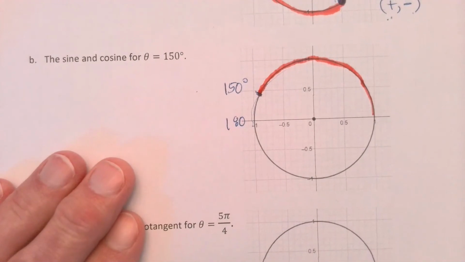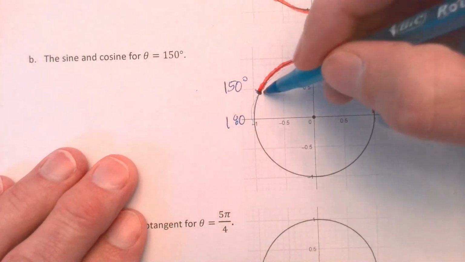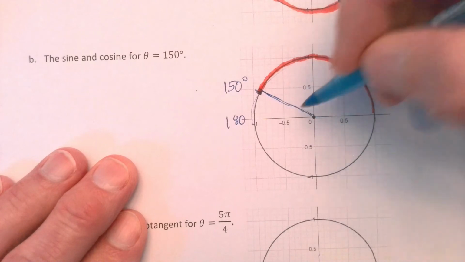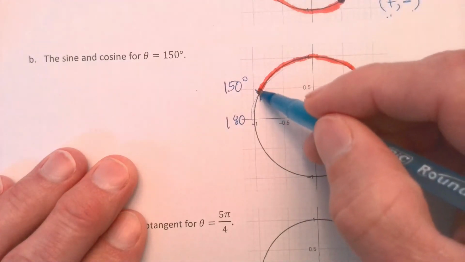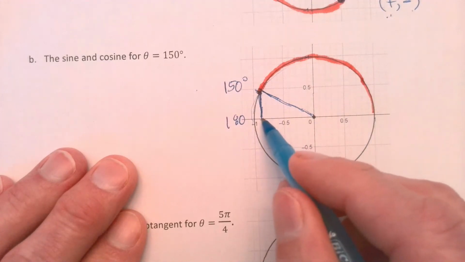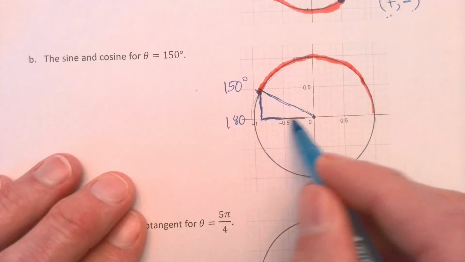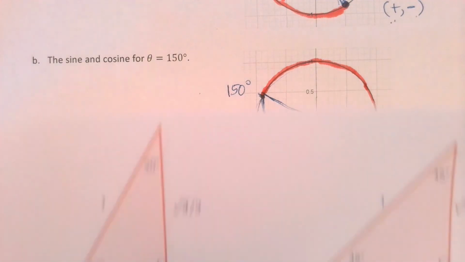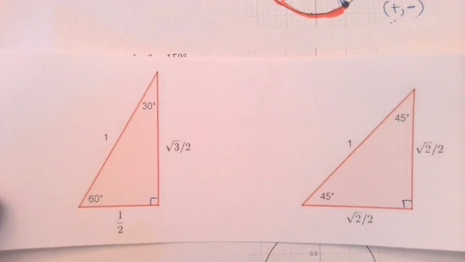Okay? Now remember what I told you? From there, just draw straight over to the origin. There's a radius. Draw straight down, in this case, to the x-axis. And then from that intersection point, draw back over to the origin so you have a nice right triangle. And then ask yourself, it might not be the world's best sketch, but I think you can tell which one of these is which.